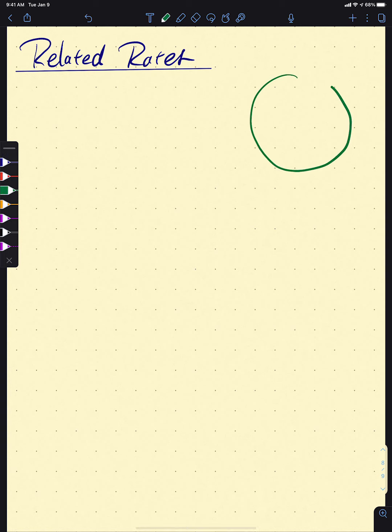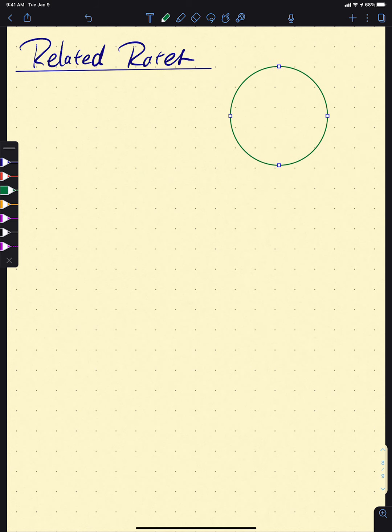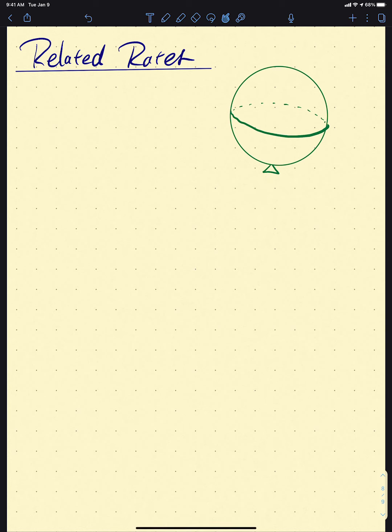So here's our situation, right? Again, we have some perfectly spherical balloon, and we're inflating it, right?